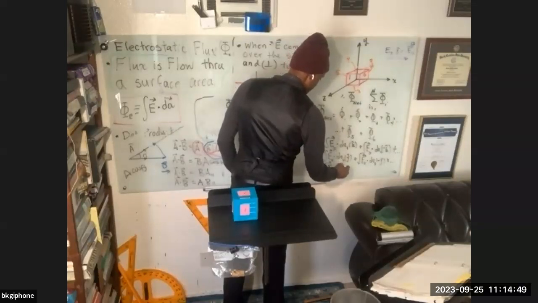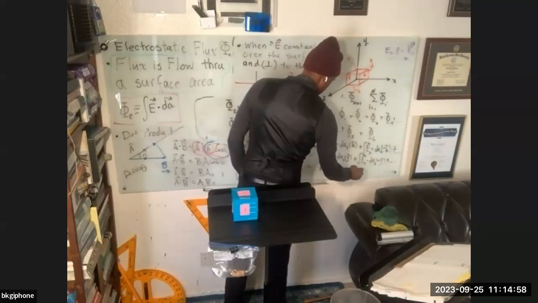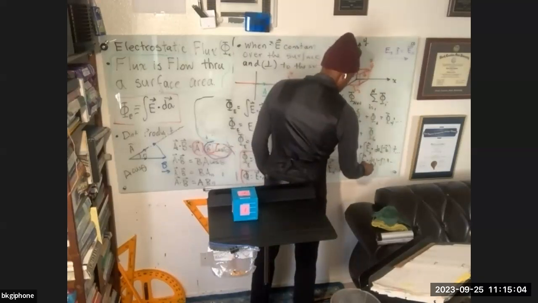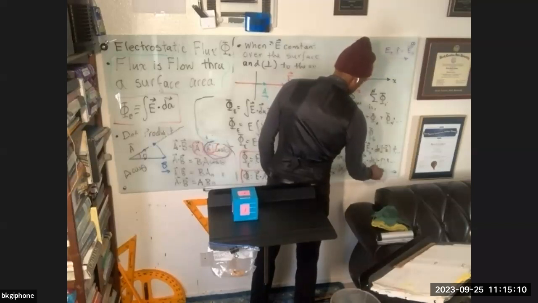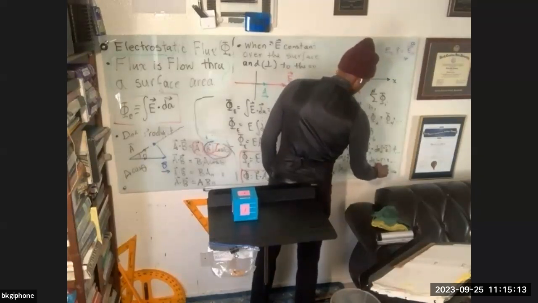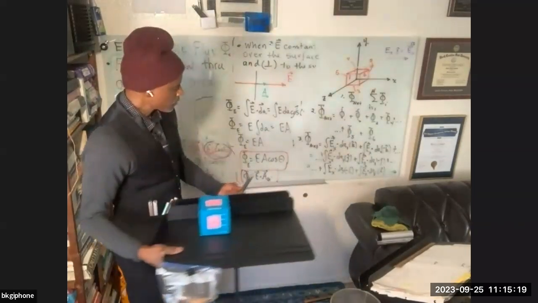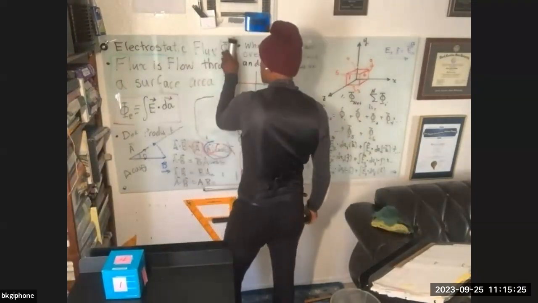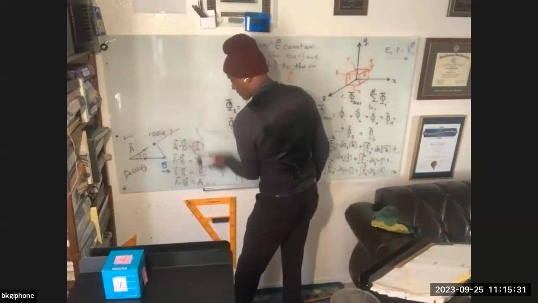So dot dA5 negative i, plus integral of EX alongside 6, and that's going to be dA6 positive i. So those are all of the terms of the flux for that scenario.